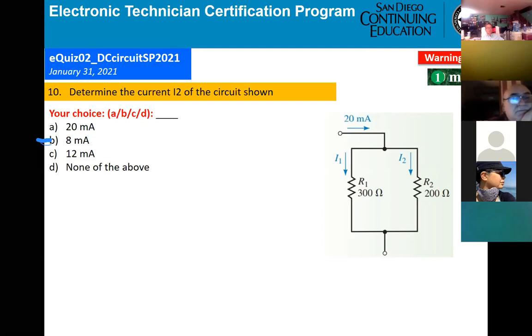It can't be 20 because that's the total current.